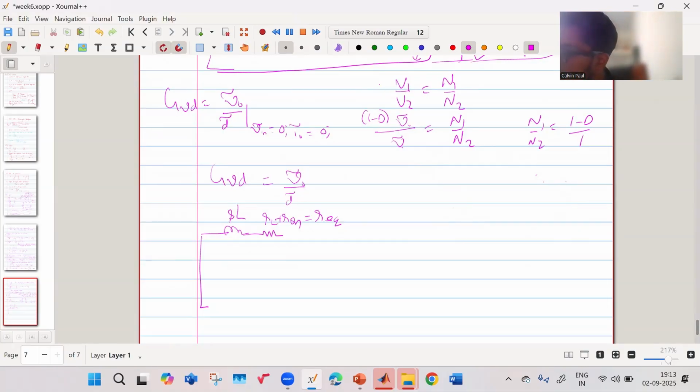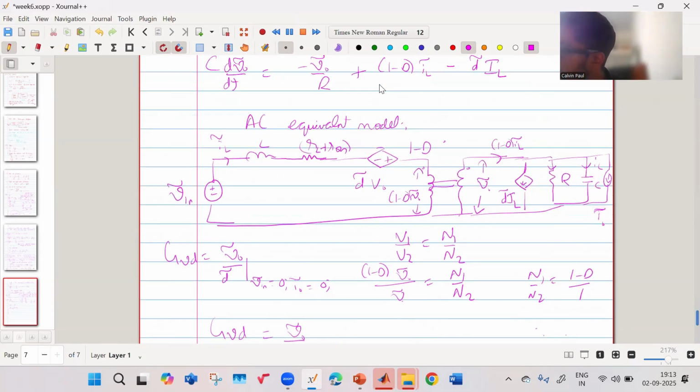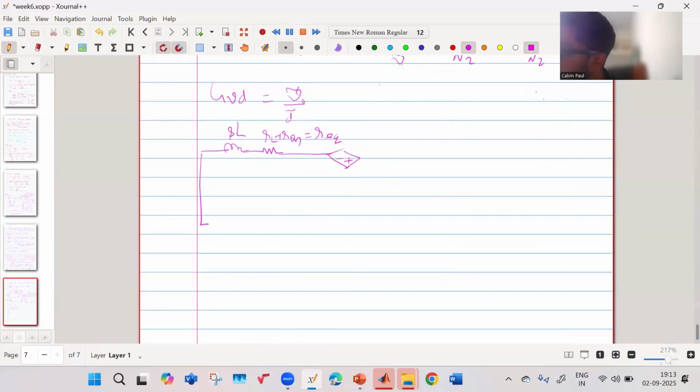This will be your minus plus D perturb into V output, 1 minus D is to 1.